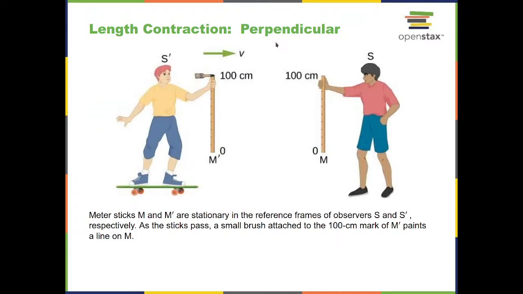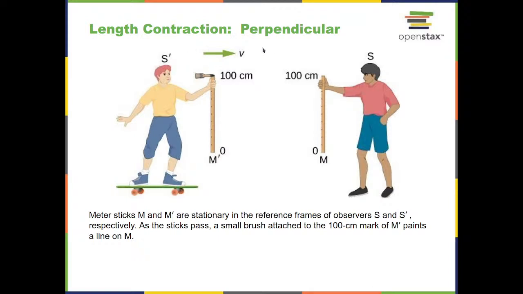So if we had a very fast skateboarder who's going close to the speed of light, who has a 1 meter stick, and the length of that meter stick is pointing in a direction perpendicular to the velocity v. Now the person on the skateboard and the person who's observing and who's not moving will agree on this length because it's perpendicular to the direction of motion.